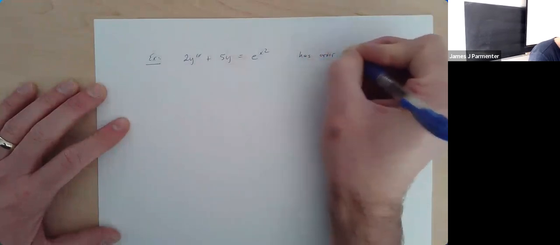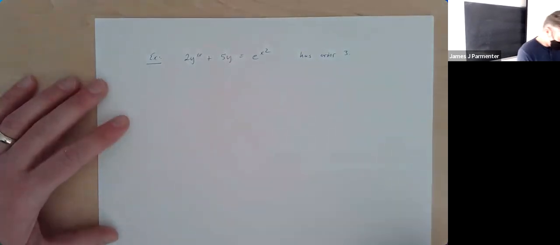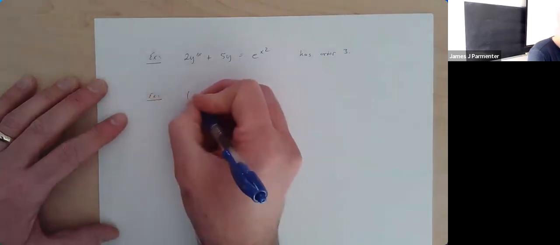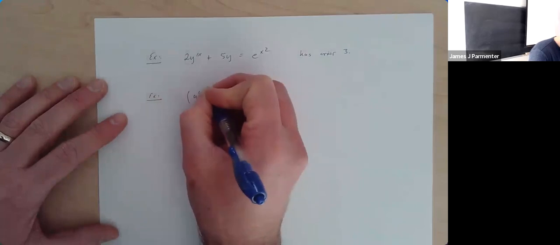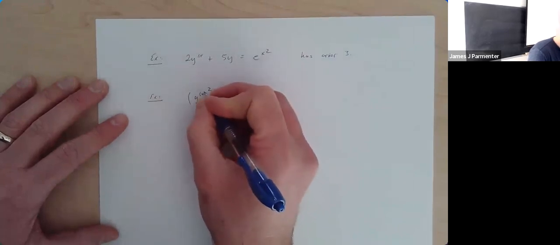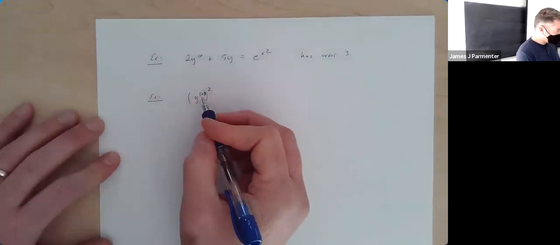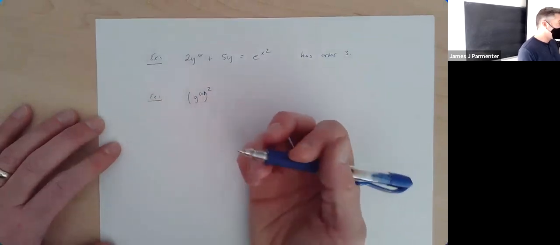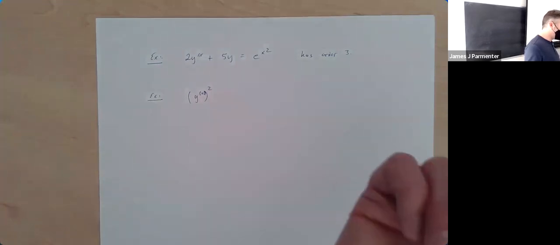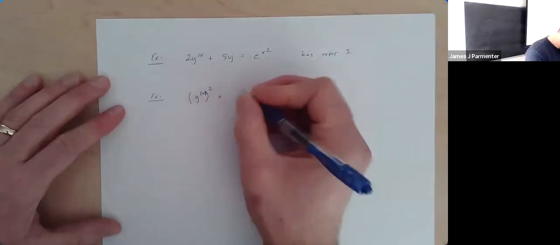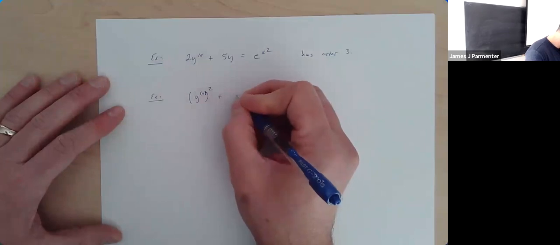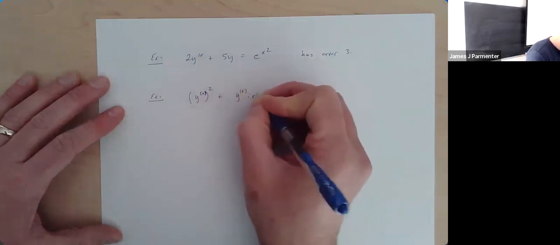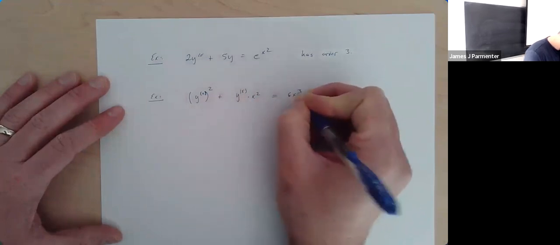Here's one that I think is a little trickier. Let's say we had y fourth, squared, plus... By the way, just in case you weren't sure, that superscript with parentheses around the number means you're just taking that many derivatives, and we usually use it at the fourth derivative or beyond.